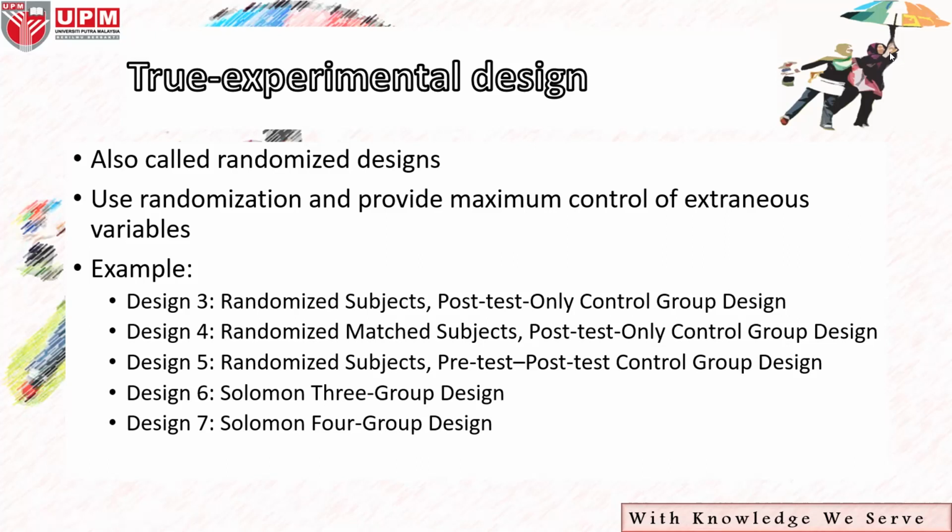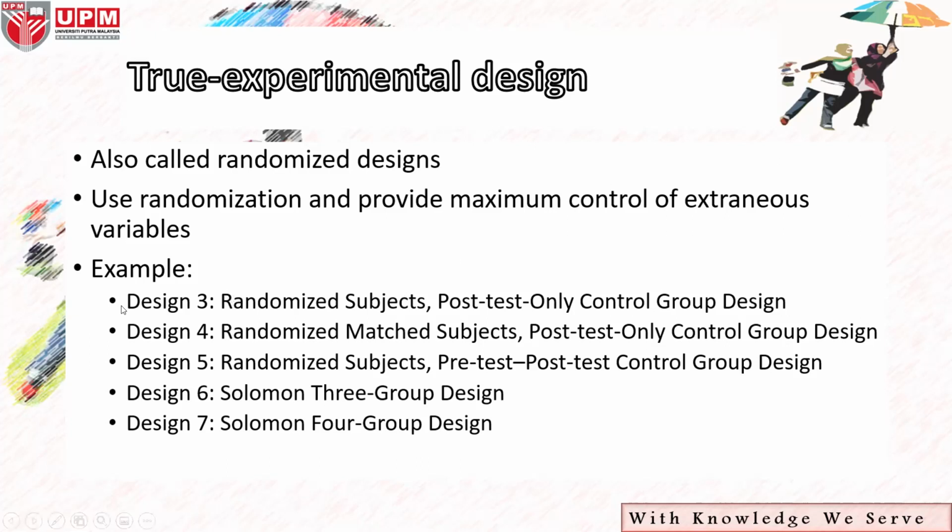Okay. So examples of true experimental design: randomized subject post-test only control group design, randomized matched subject post-test only control group design, randomized subject pre-test post-test control group design, Solomon 3 group design, and Solomon 4 group design.